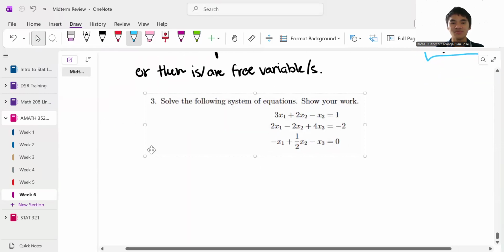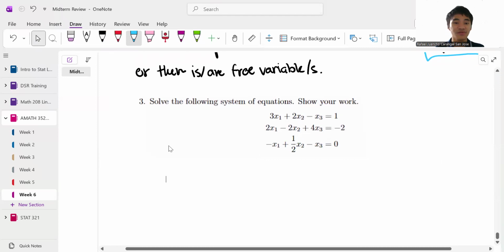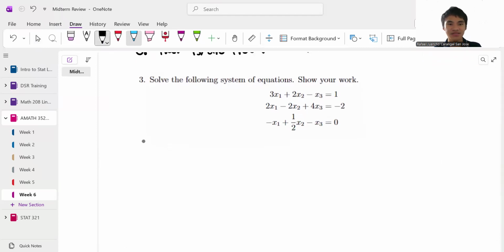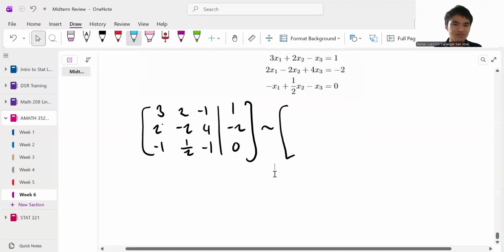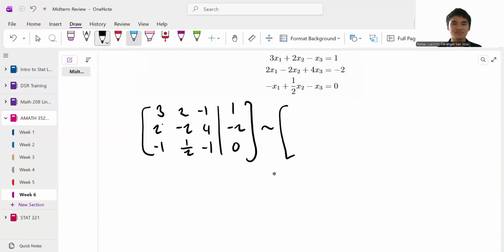But that's kind of boring, so I'm gonna do something fun. I'm gonna do it in a linear algebra style. I'm gonna do 3, 2, -1, 1, 2, -2, 4, -2. Feel free to try this one. I think this one's easier for me. Also because I've been doing this for what, 6 weeks? So I think this might be easier.